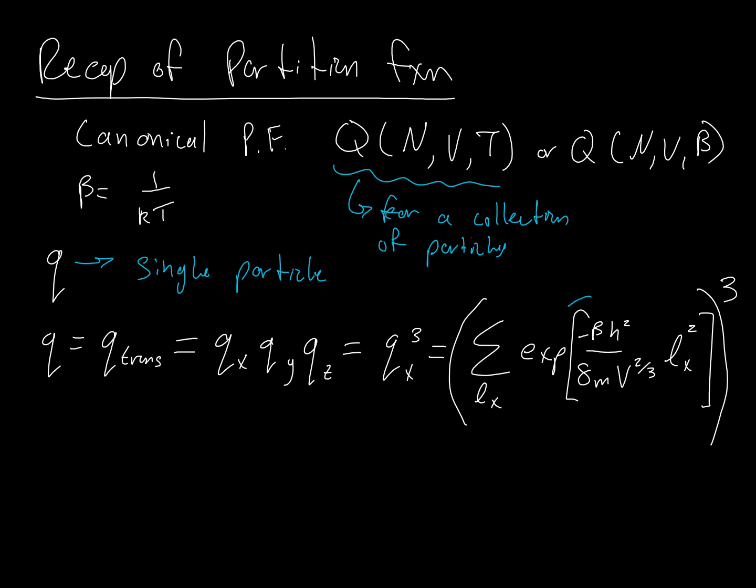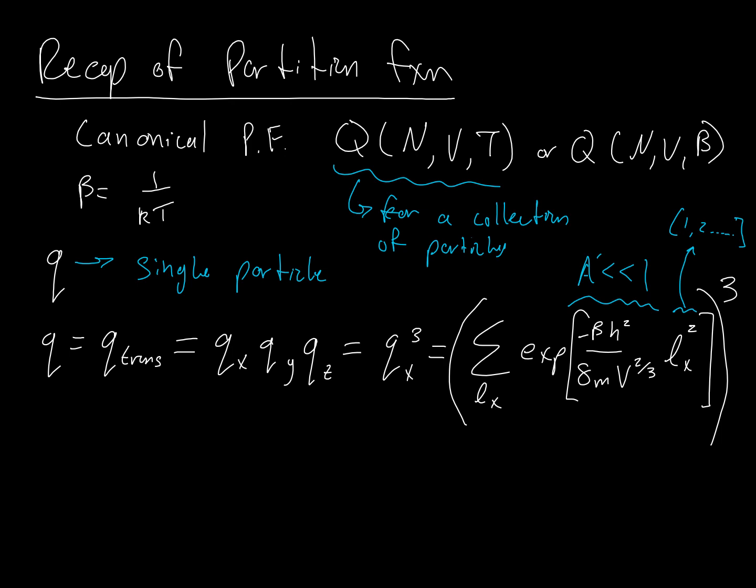So now what we said here is that this term right here, we called that a prime, and we said it was much, much less than 1. Because it was a very, very small number, whereas in this L_x is some integer, 1, 2, and so on.